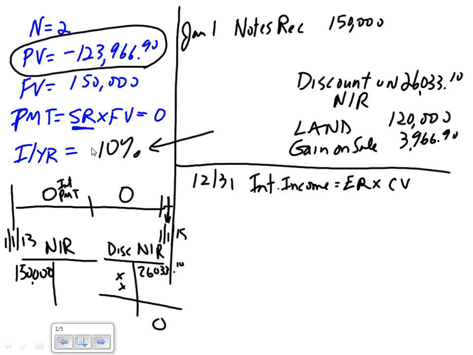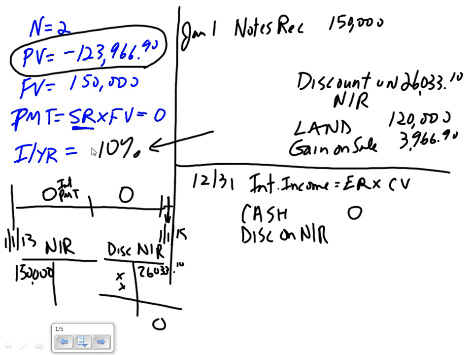So my 12/31 journal entry is going to be, and I'm just going to put cash here. Cash is 0. We wouldn't normally put cash equals 0, but I wanted to point out that the cash payment is the stated rate times face value, and it's always going to be 0 when it's a non-interest-bearing note.